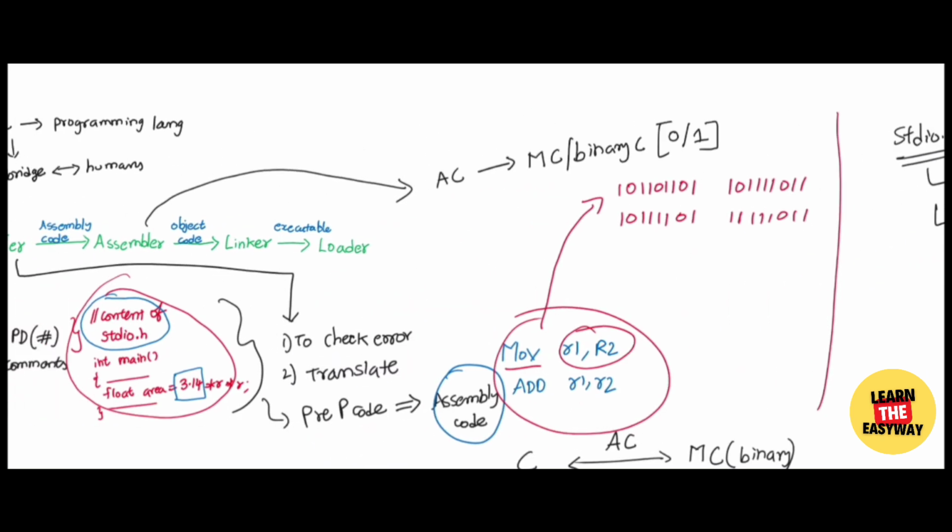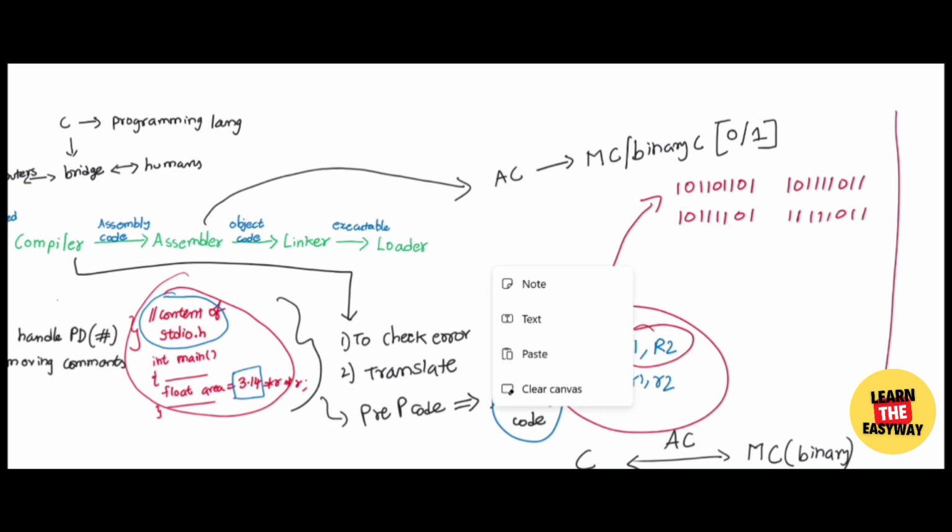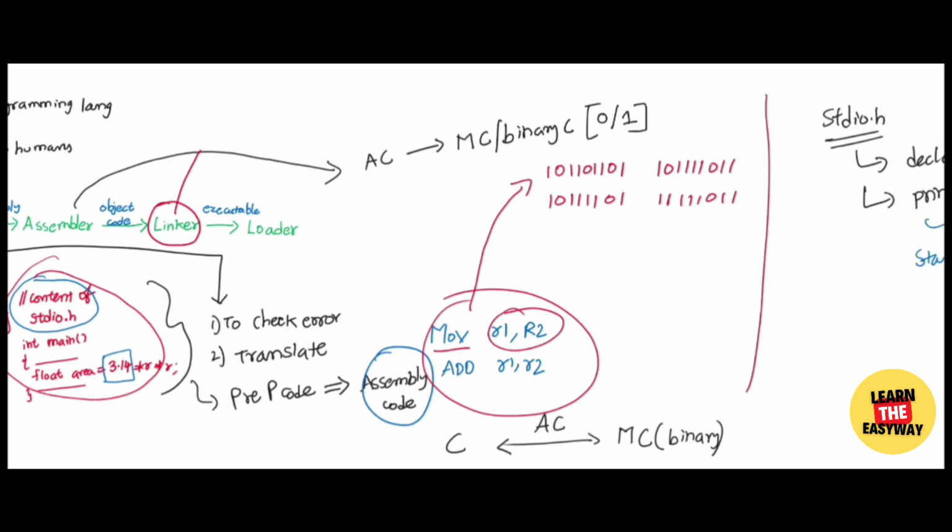For that purpose, we are using the linker. This linker is a program that combines the object code of your source program and the library code.